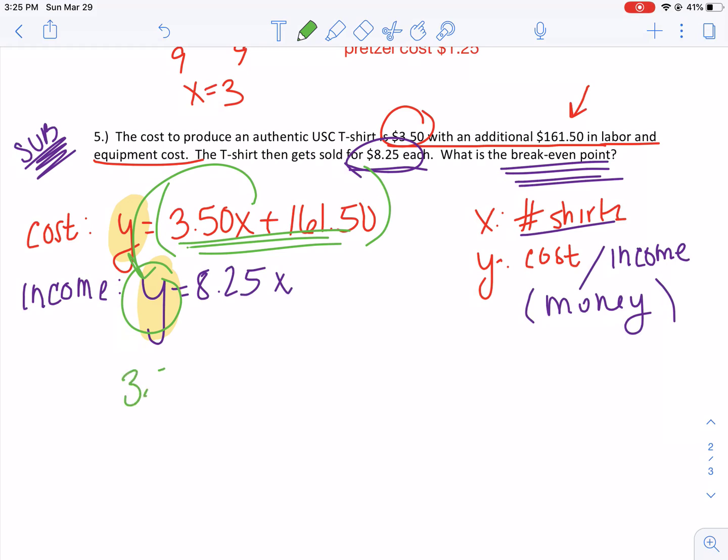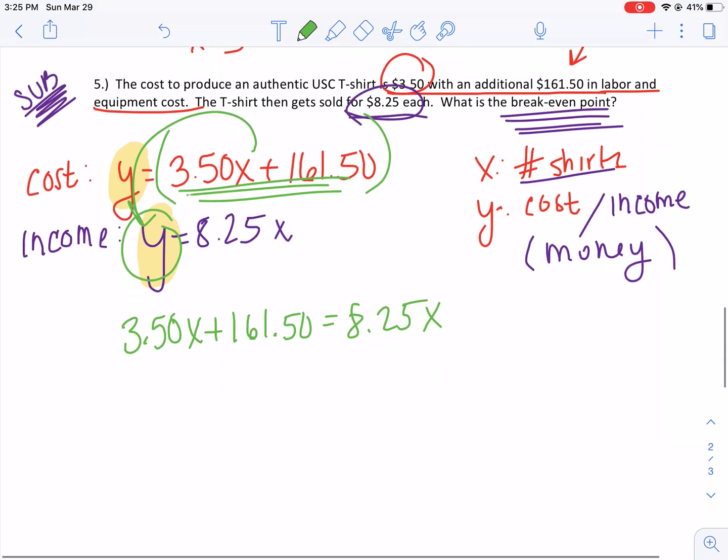All right, so let's do it. 350x plus $161.50 equals 8.25x. Let's get my x's together by subtracting 350x from both sides.